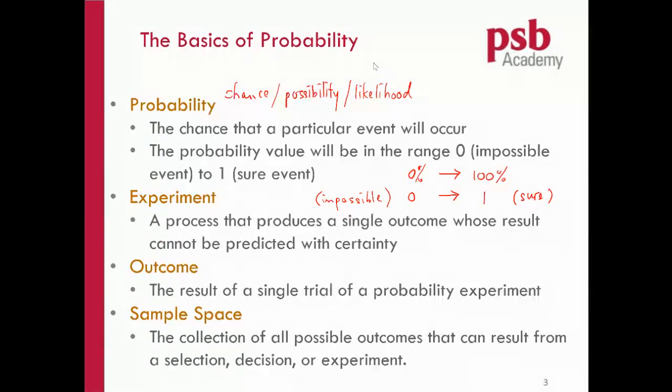In other words, you must have the answer at 0 point something, or you put 0 to 100%: 30%, 65%, 41%, whatever. So 0.41, 0.3, 0.9, 0.98, it cannot be 1.1. So take note of that. Okay, now we move on to the next word.